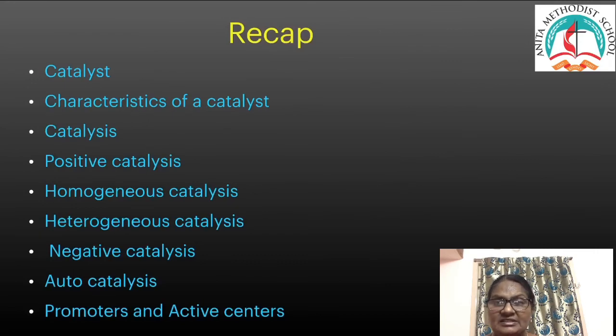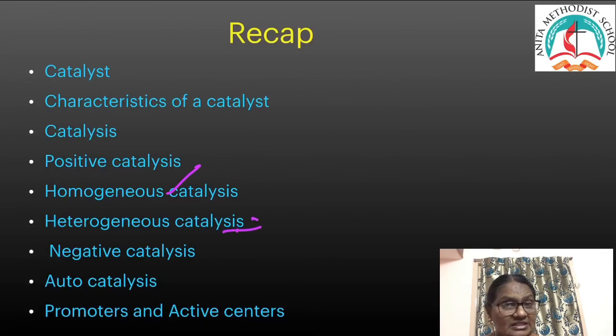We saw catalysis. The process by which a catalyst works is called catalysis. The different types we saw: homogeneous catalysis, heterogeneous. When the catalyst, reactant and products are in the same phase, it is called homogeneous catalysis. When the reactant and the product are in the same phase, and the catalyst in a different phase, then it is called heterogeneous catalysis. What is negative catalysis?